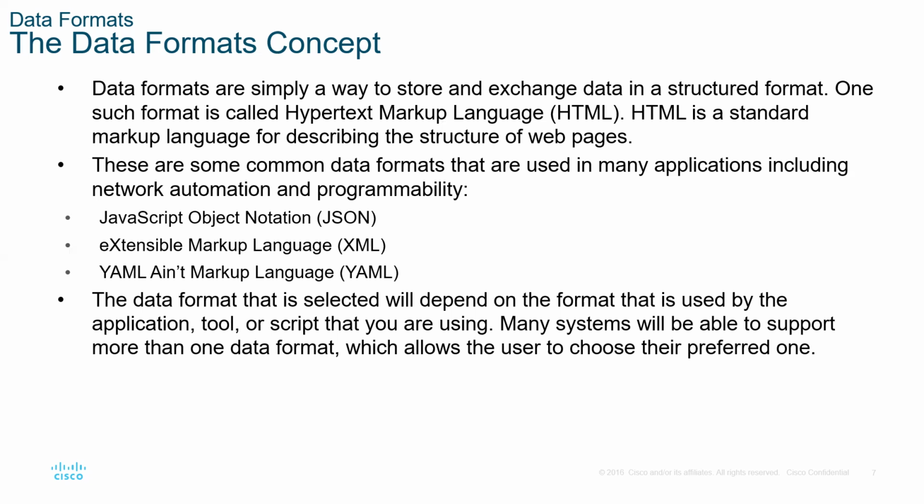Then lastly, one of the characteristics is what we call data serialization. This means that the data can be converted into a format that can be stored in a file. It can also be transmitted over a network, and it can be reconstructed by different applications.